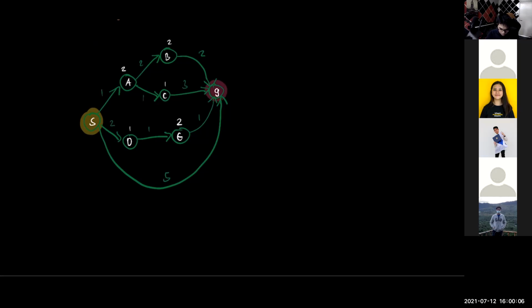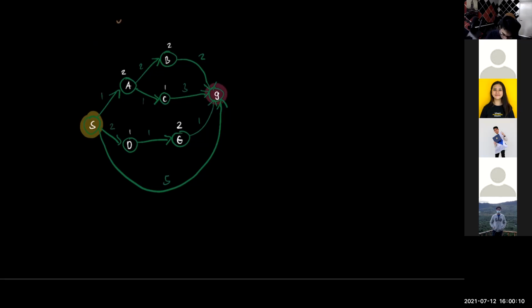Okay, so when you want to get from S to our goal state, G, we want to consider the most efficient path, be it in terms of cost. So we see here that there are 4 paths. We have here path 1, path 2, path 3, and path 4. Okay.